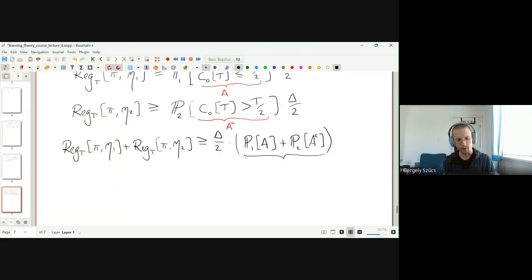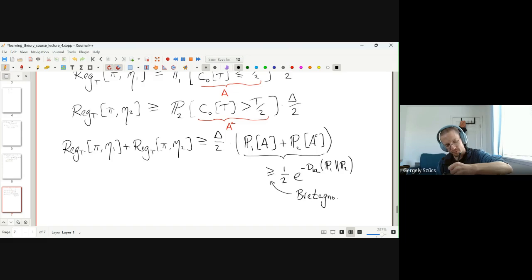But they're not the same probabilities, but still we can bound this from below by 1/2 times e to the minus the KL divergence, or relative entropy, of one distribution relative to the other. So this bound is called, what is it called? Bretagnolle-Huber inequality.